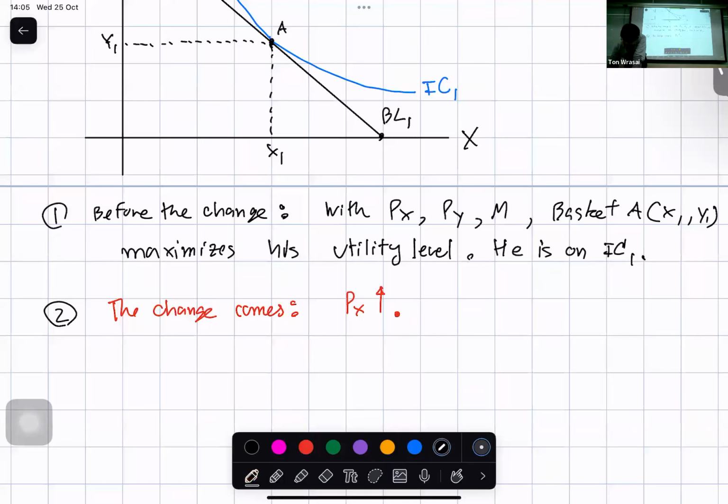Then the budget line will rotate. How will the budget line change when the price of pizza becomes more expensive? In other words, can you draw the new budget line BL2? I have BL1 already, the black one. Can you suggest BL2? Draw it, I will see.